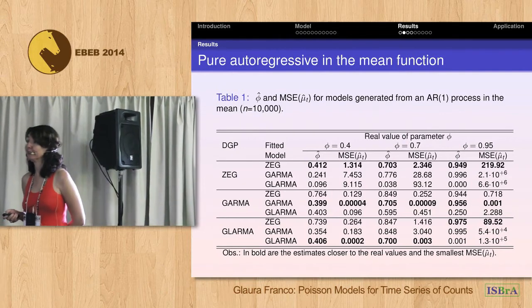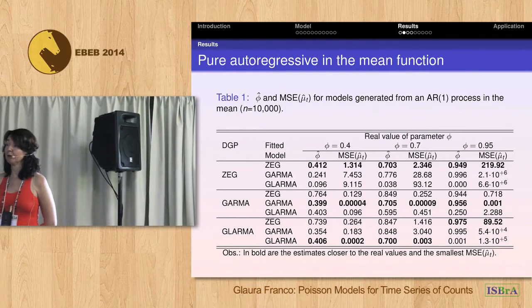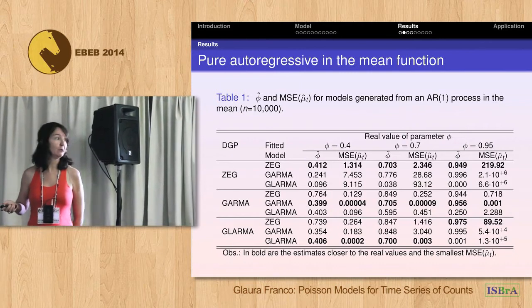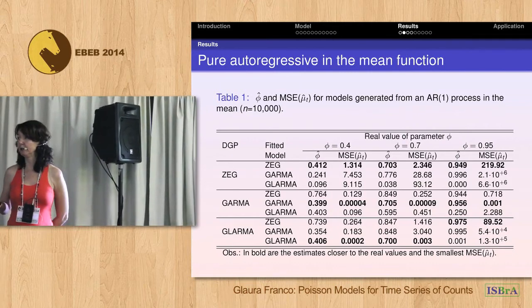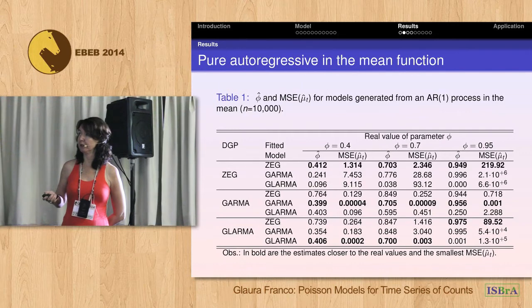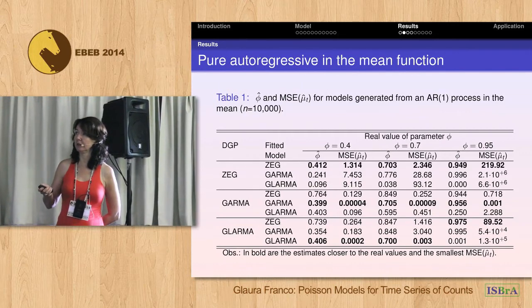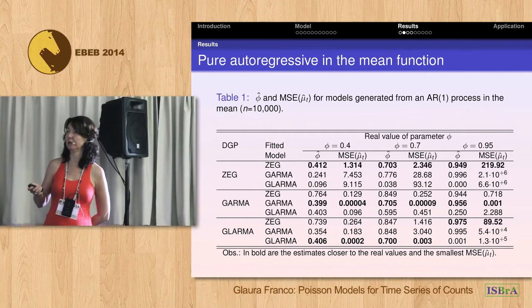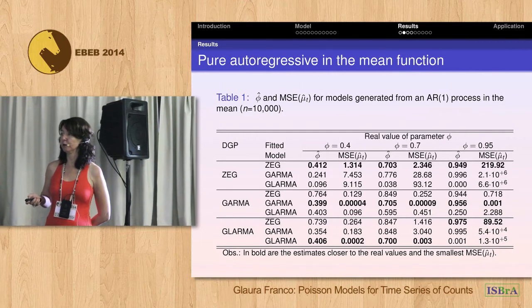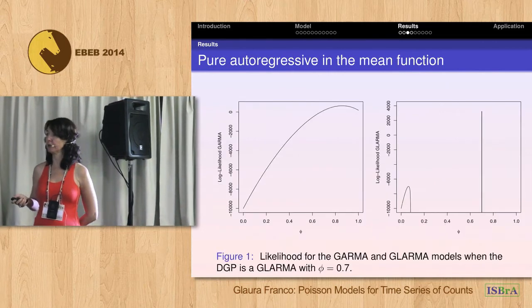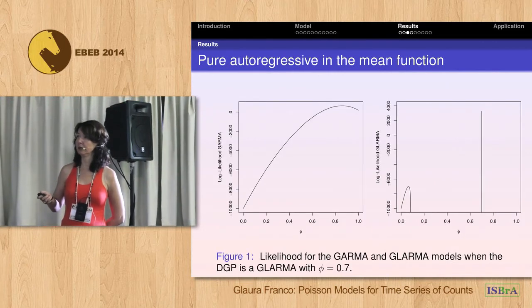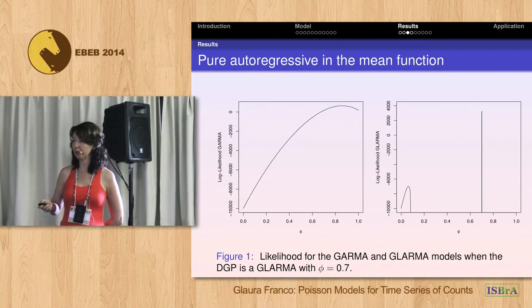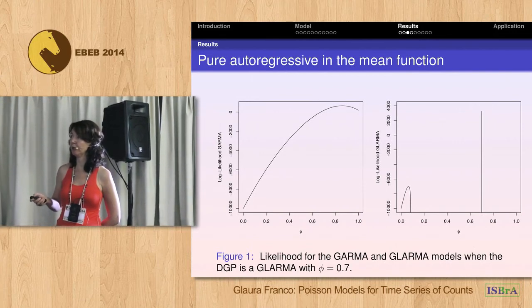Okay. And the problem with the Glamour model is that the likelihood presents some very peculiar behavior. For example, here, this is the series of size 10,000. So this is the likelihood function for the Gamma and for the Glamour.